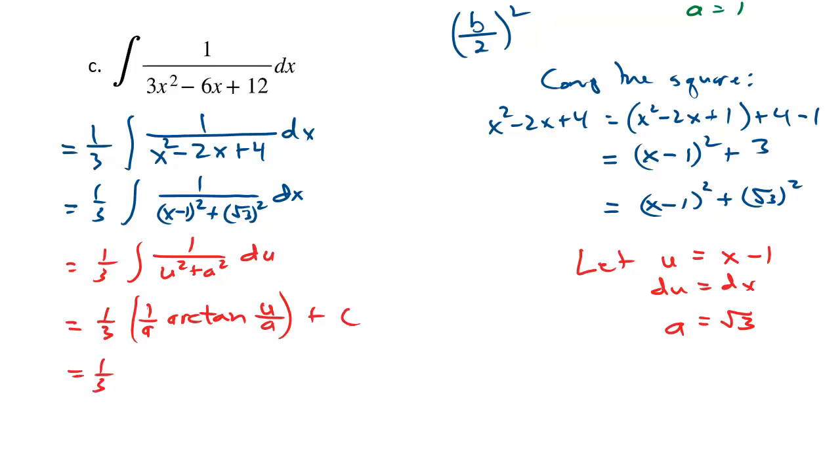So 1/3 times 1 over root 3 arctan x minus 1 over root 3 plus c.